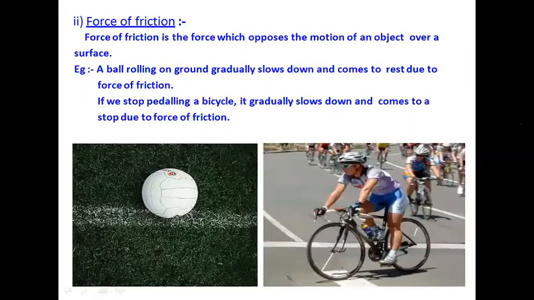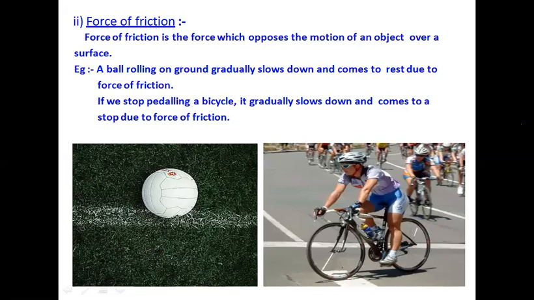Then we have force of friction. You all are aware of this term because you have studied the friction chapter in detail. As you know, force of friction is the force which opposes the motion of an object over a surface whenever it is moving in contact with that surface.